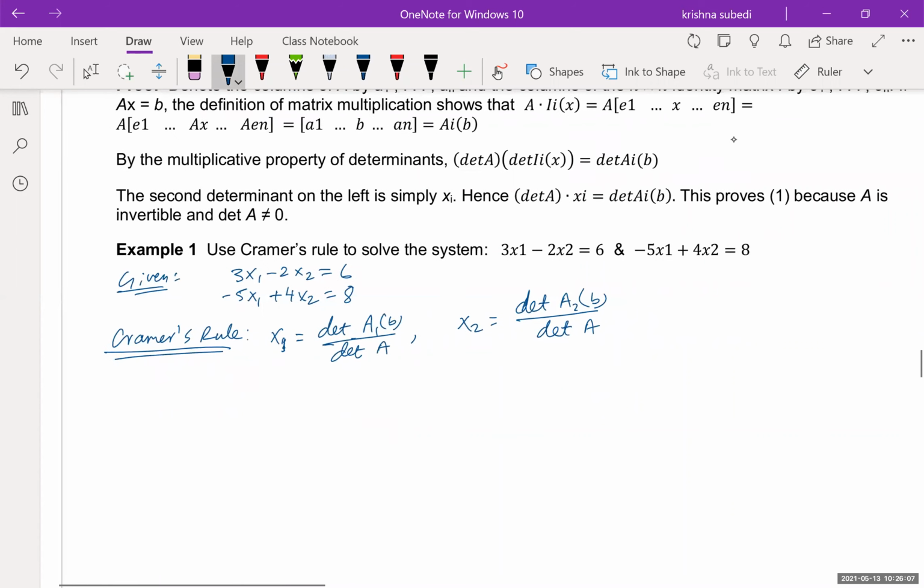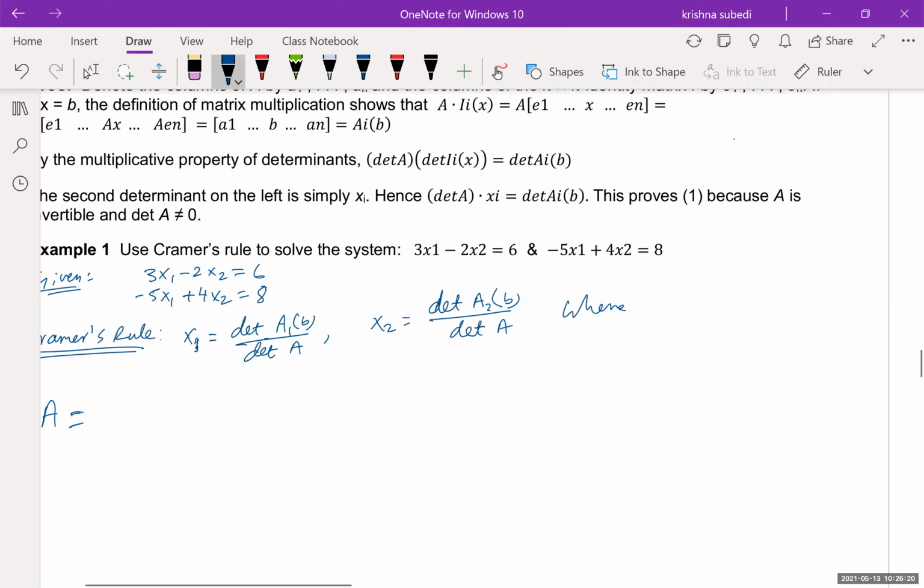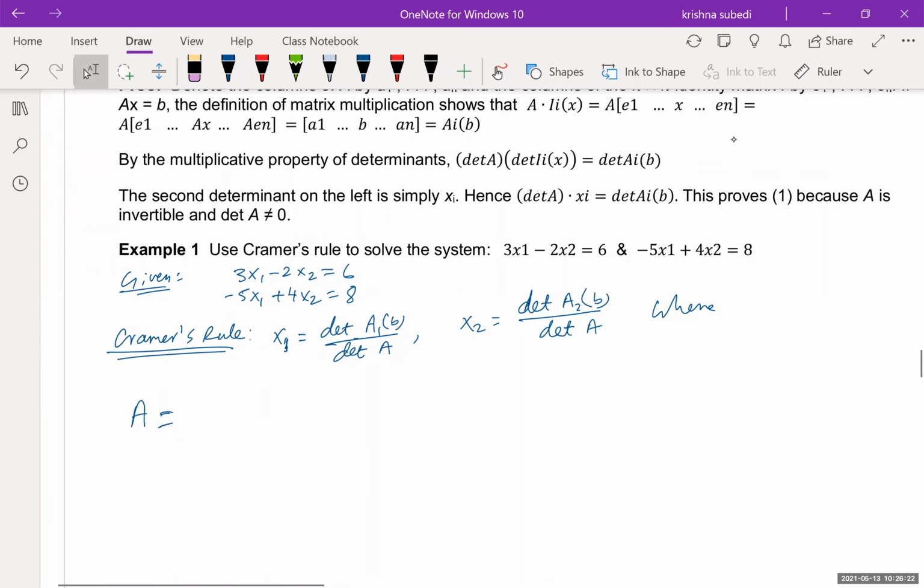Now, what is A? What is A sub 1 b? A equals, just write down the coefficients. A is actually the coefficient matrix, okay? So the coefficient matrix is 3, -2, -5, and 4.